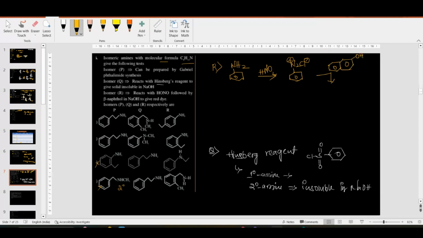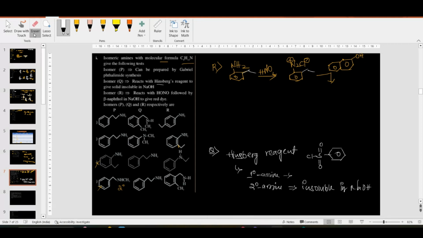Here it will attack and we'll get one product. So here you can check these two options. With respect to this ortho position, if you have anything on the ortho position, there will be steric hindrance, right? We'll get steric hindrance over here with this option. So it should be over here only.